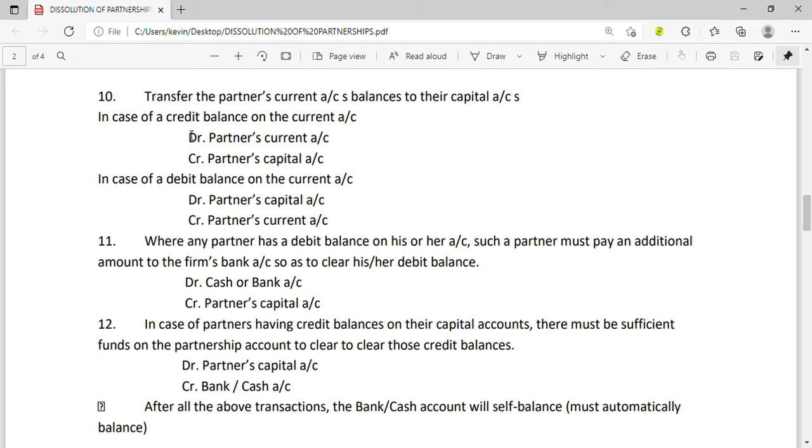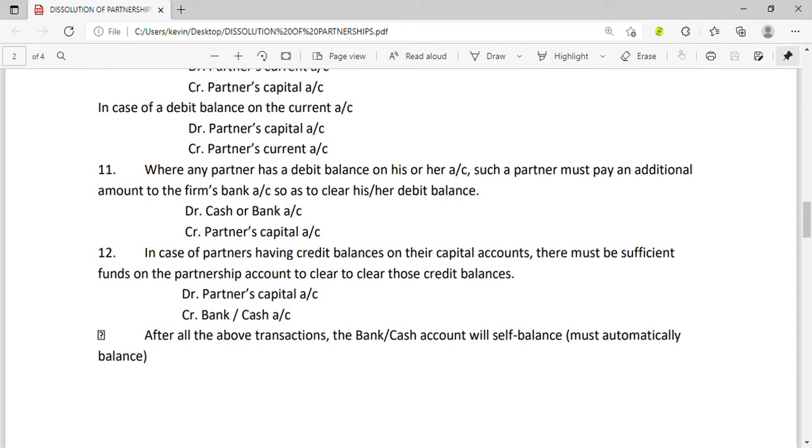So in case of a credit balance, we debit the partner's current account and we credit the partner's capital account. Then a debit balance is like a loss: the debit side is greater than the credit side. So we debit the partner's capital account and we credit the partner's current account.